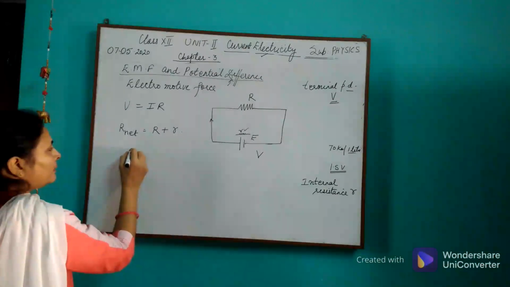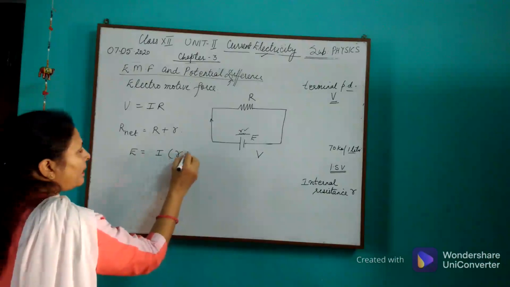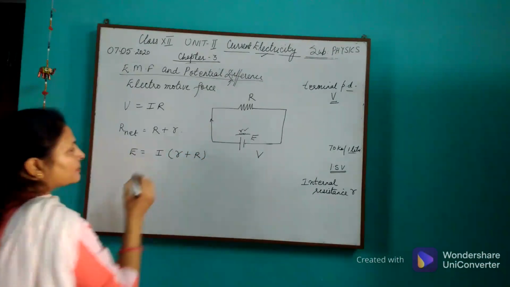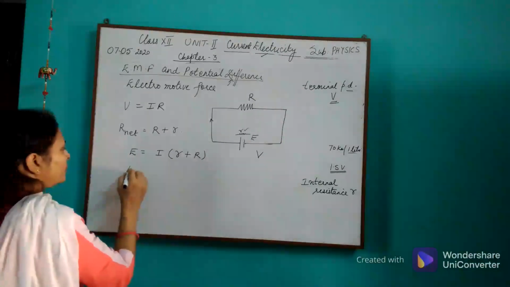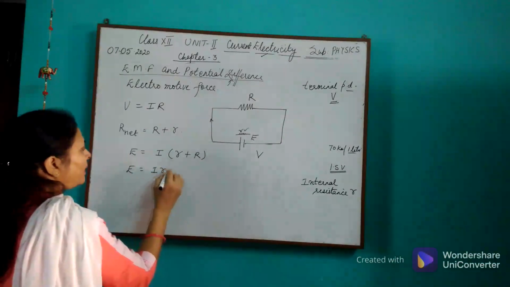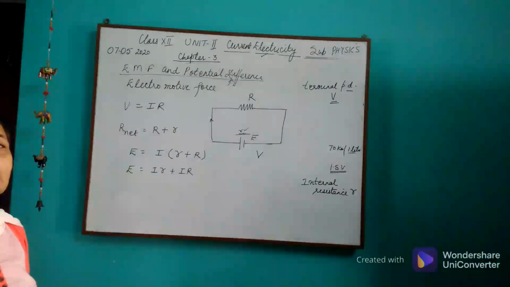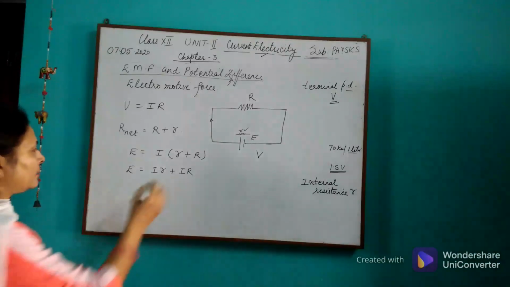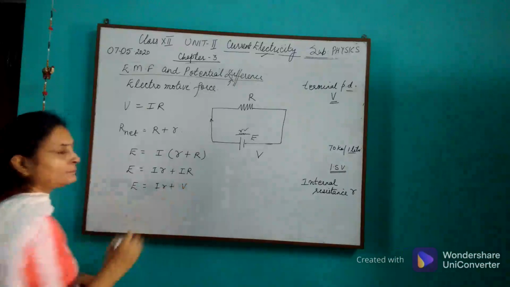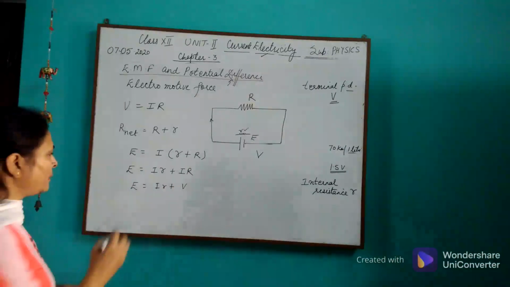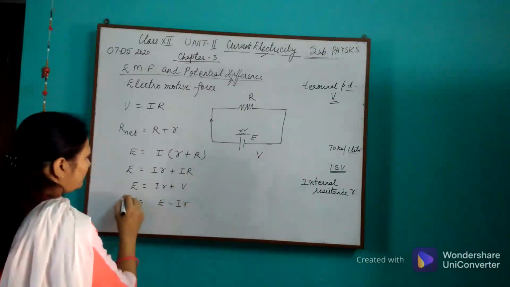Now here E will be equal to I times small r plus capital R. This can be written as V. So V will be equal to E minus I r.